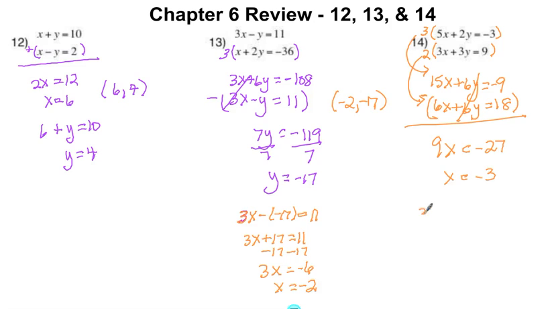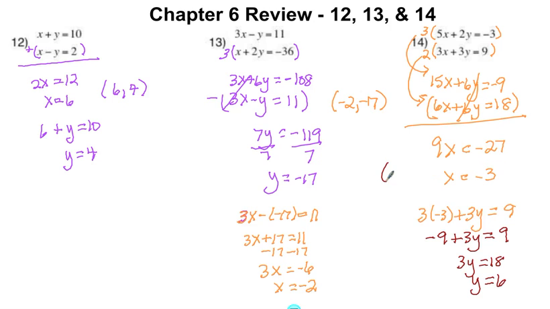So I'm going to do 3 times negative 3 plus 3y equals 9. I didn't change colors. Let me go ahead and do that for this part of it. So I get negative 9 plus 3y equals 9. So I get 3y equals 18 and y equals 6. So my answer here, my coordinate is negative 3, comma 6.